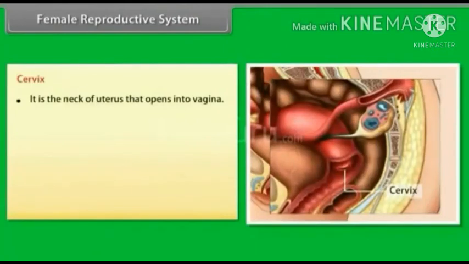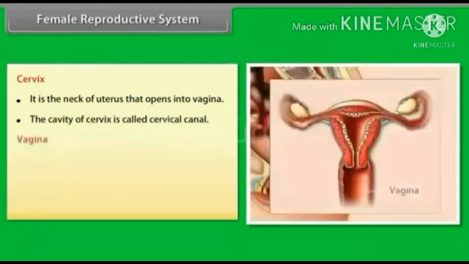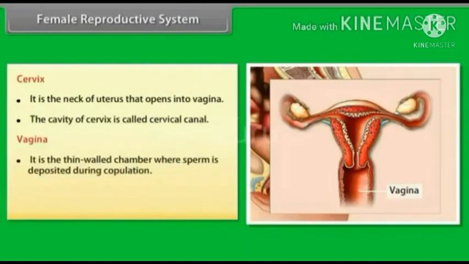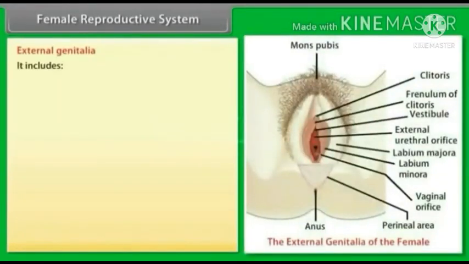Cervix. It is the neck of the uterus that opens into the vagina. The cavity of the cervix is called the cervical canal. Vagina. It is the thin-walled chamber where sperm is deposited during copulation. Along with the cervical canal, the vagina forms the birth canal. External genitalia.